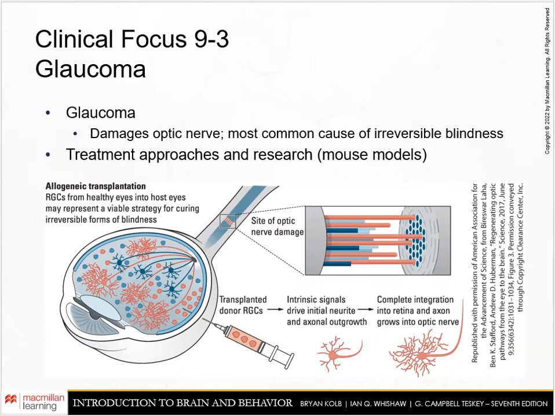The current approaches in research are primarily using some of these mouse models where they're trying to transplant healthy retinal ganglion cells or RGC precursors through a donor that we can see right here, which would then help to stimulate non-human embryonic stem cells to generate RGCs in vivo, or in a living person, then activating the mammalian target of rapamycin signaling pathway while exposing the eye to high contrast images.